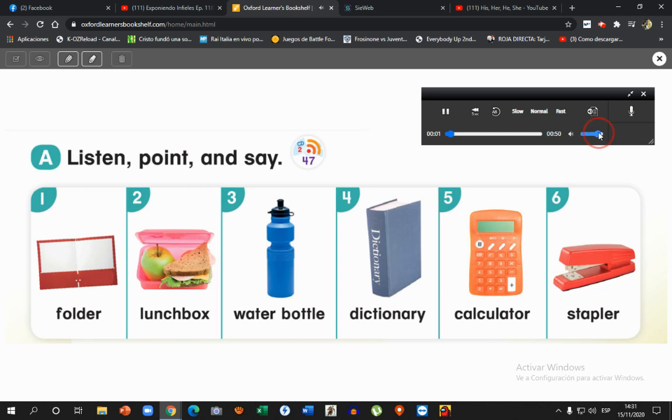Page 72. Unit 8. Things we use. Lesson 1. School supplies.